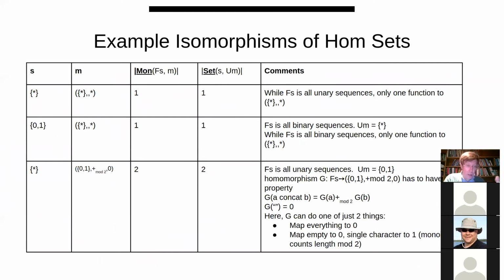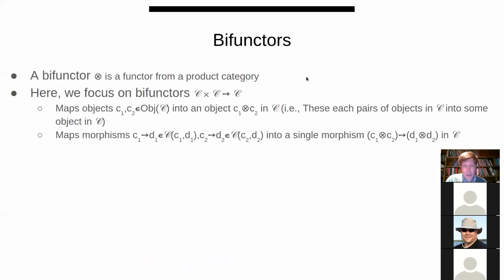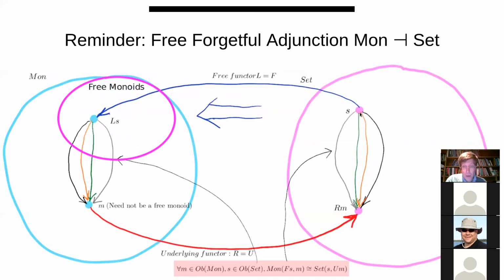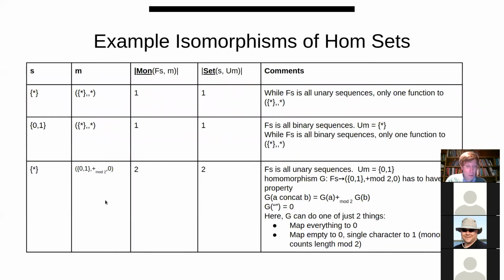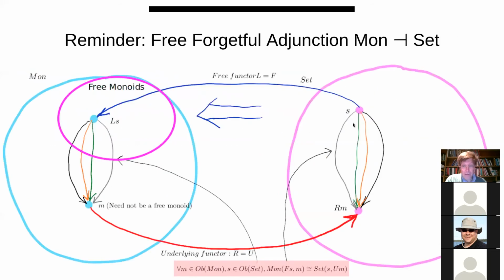Okay, let's take it a little bit further, but still staying basic. So let's look at a case where S is a single element, but where M is actually this monoid, which has plus mod 2. That's kind of interesting. And it has 0 and 1 as its possibilities. Okay, so we have this being one thing. Now we hit it with the left functor, which is the free functor, and it maps to sequences of that single element.